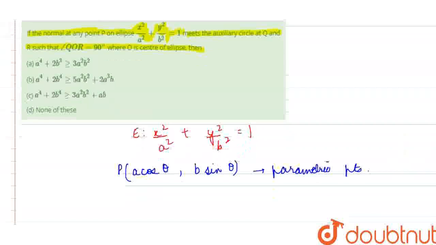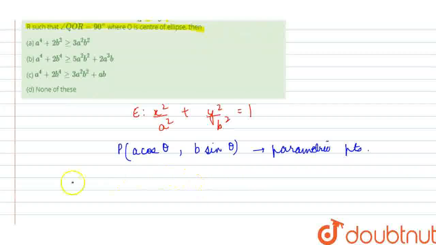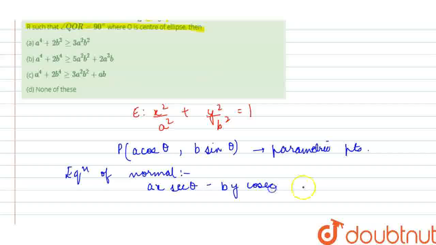Proceeding further, now at this point I'm writing the equation of the normal. Equation of normal, that would be ax secant theta minus by cosec theta is equal to a square minus b square.